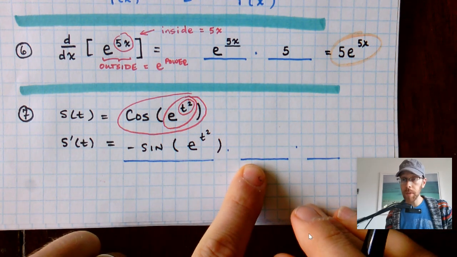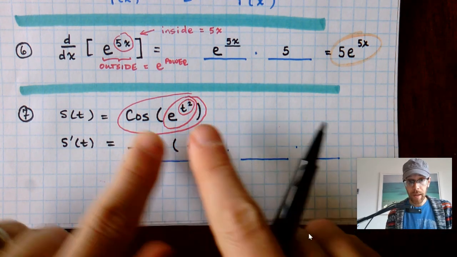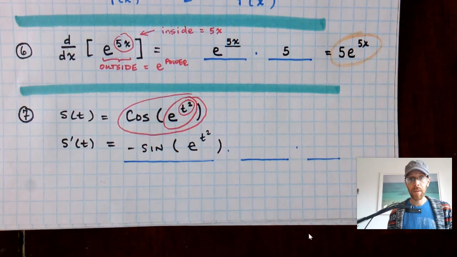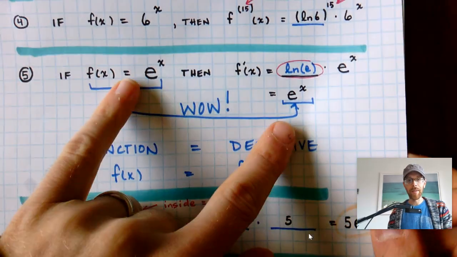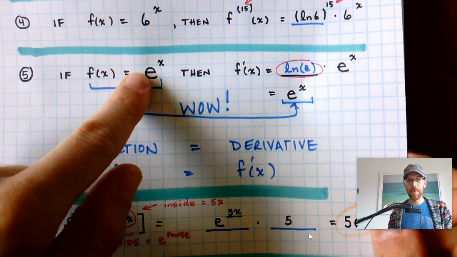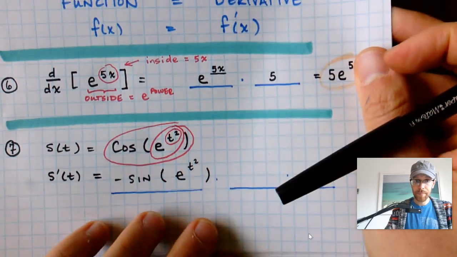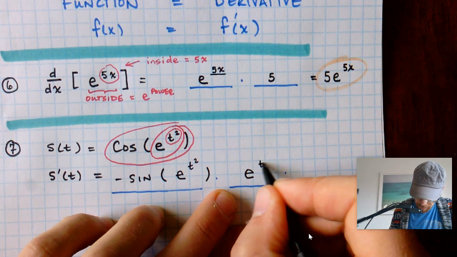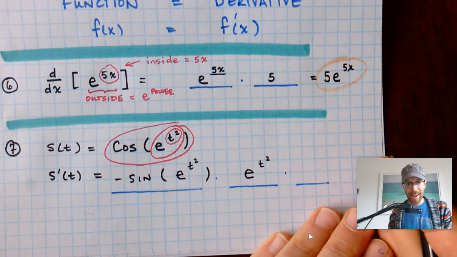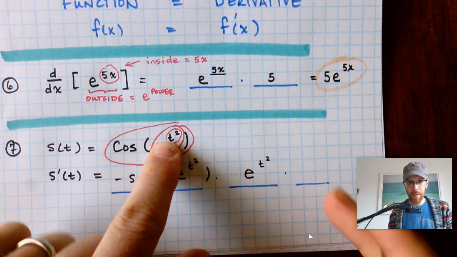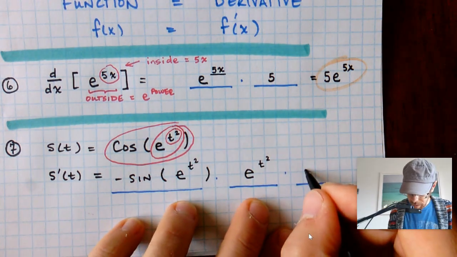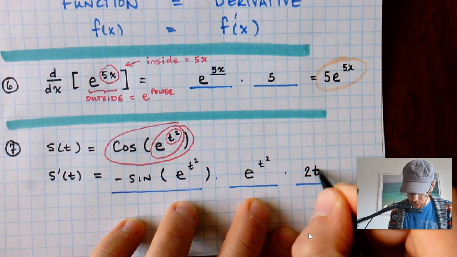Multiplied by, move to the middle function. Now our middle function was e to the something. We know from our work right here that the derivative of e to the something is e to the something. So this will be e to the something multiplied by the derivative of the innermost function, which is t squared. That would give us a 2t.